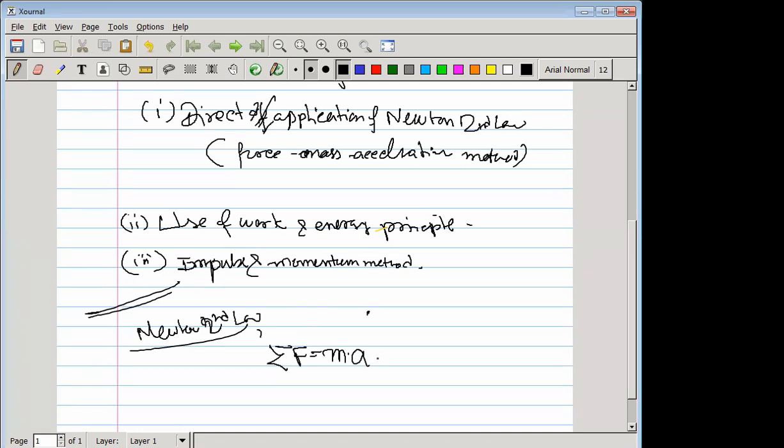Suppose a particle is there and we apply three or four forces, F1, F2, F3. The summation of all forces is nothing but the mass of that particle times the acceleration of that particle. We can also write this in such a manner if there is a tension in any particle.